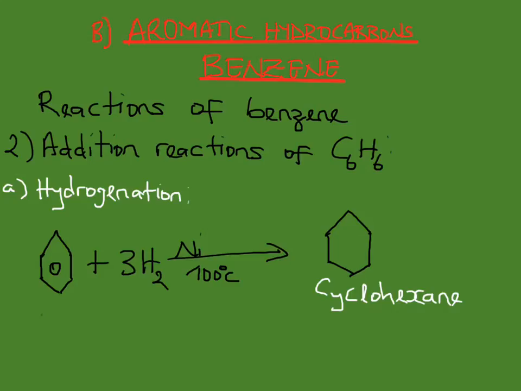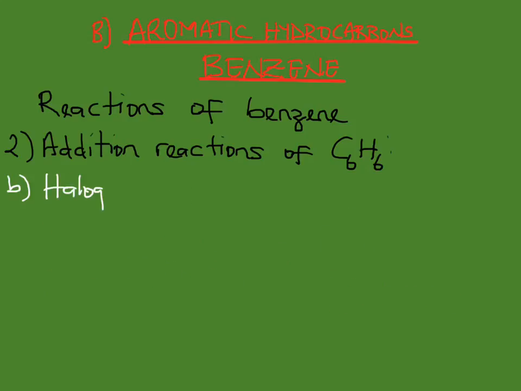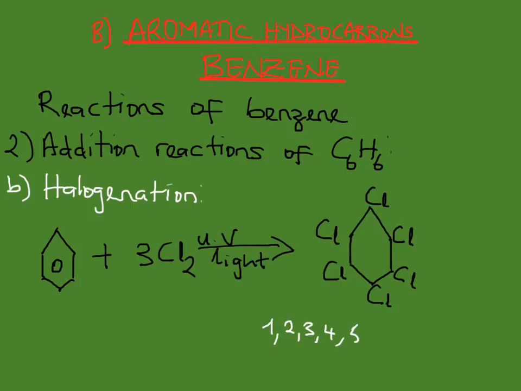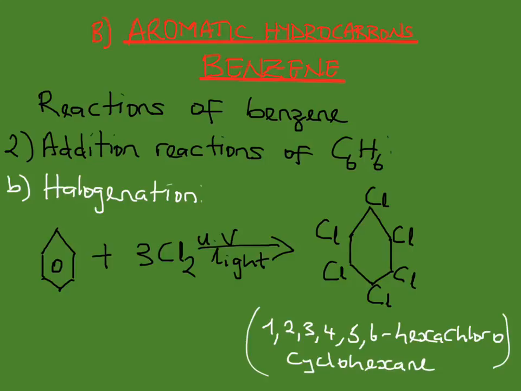And the next reaction will be halogenation. Both chlorine and bromine are added to benzene in the presence of ultraviolet light to produce hexachlorocyclohexane. The reaction is a free radical addition reaction, and the attacking reagent is a free radical resulting from homolytic fission.